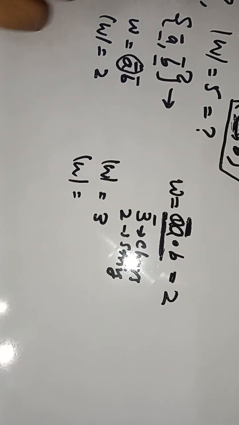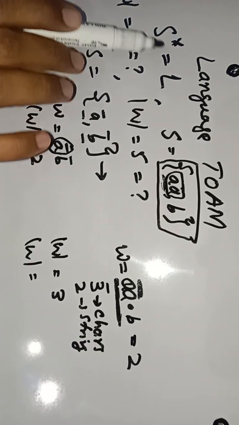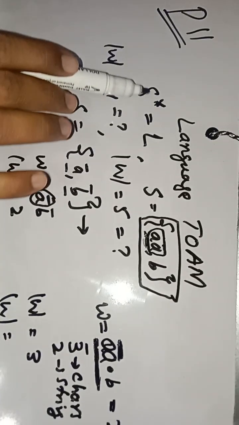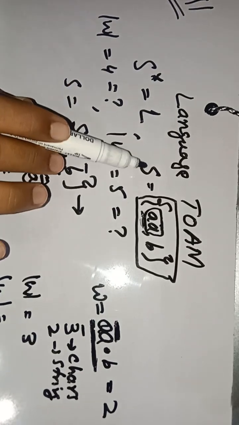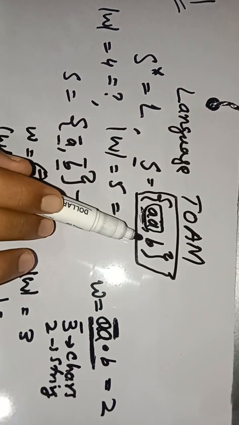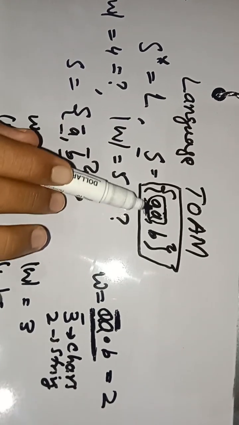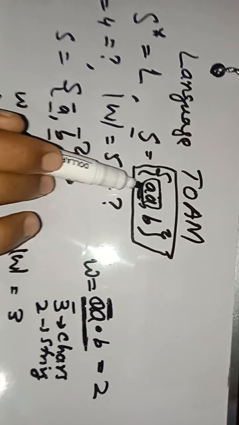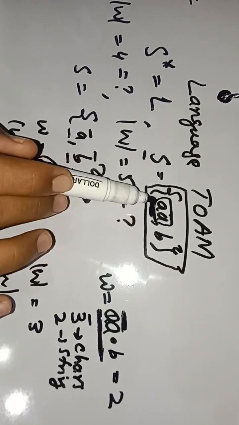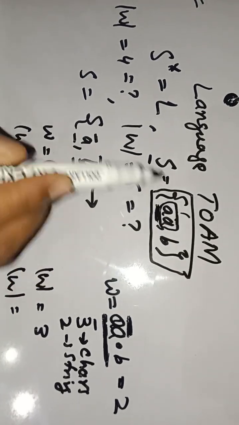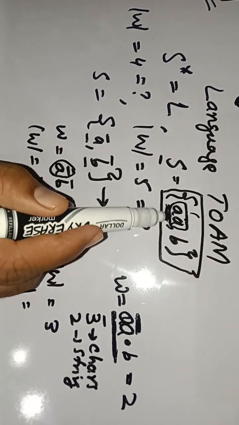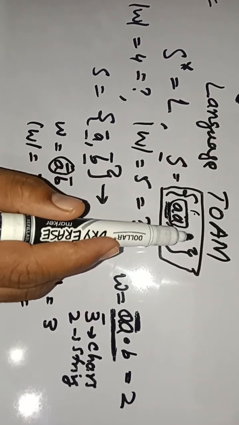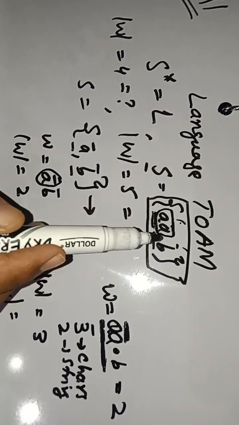The question says the language is L, and L is S star, the Kleene star, and the alphabet S has 2 symbols. Symbol 1 is AA, a double A, which takes 1 position only, although it is 2 characters. B is another symbol, and its position is also 1.